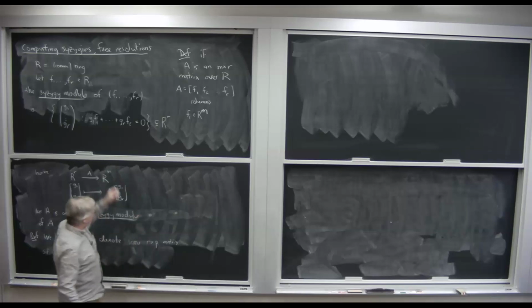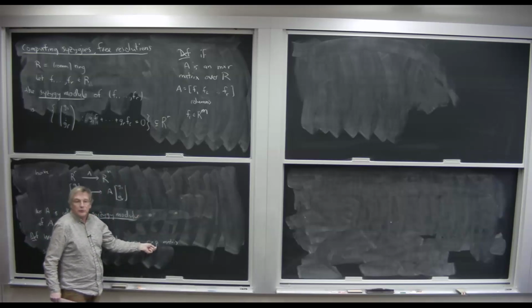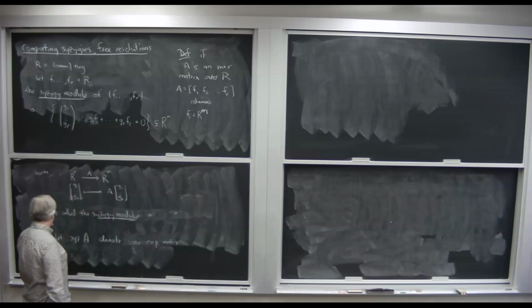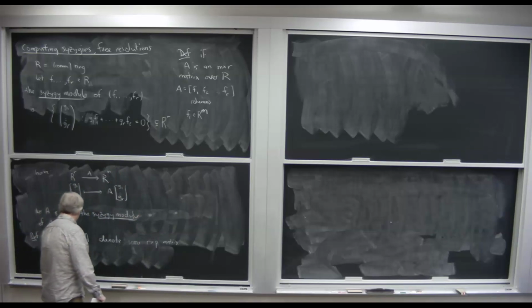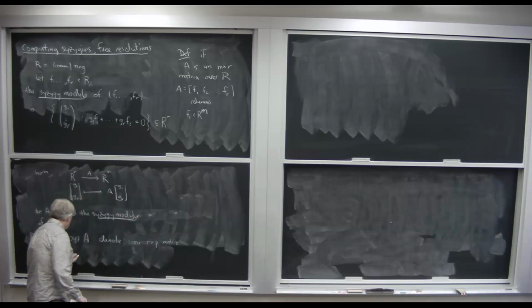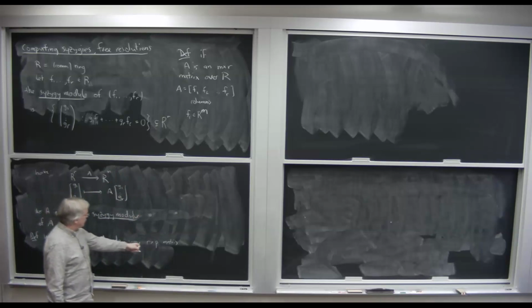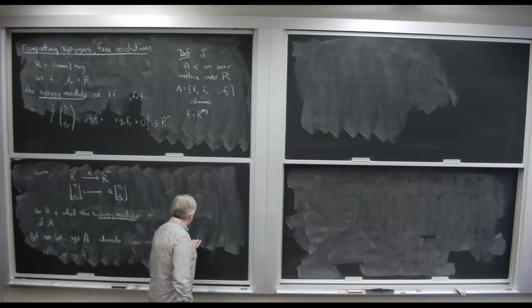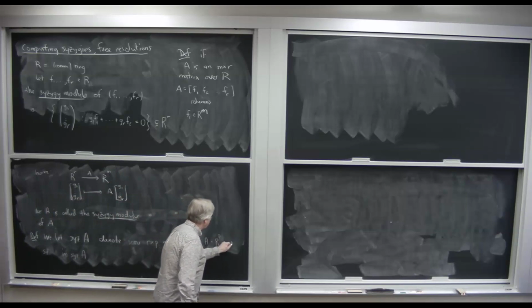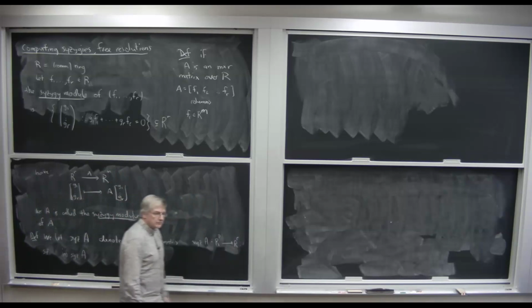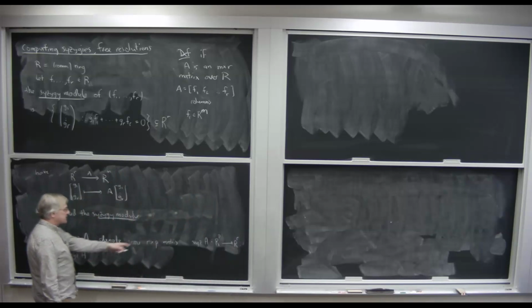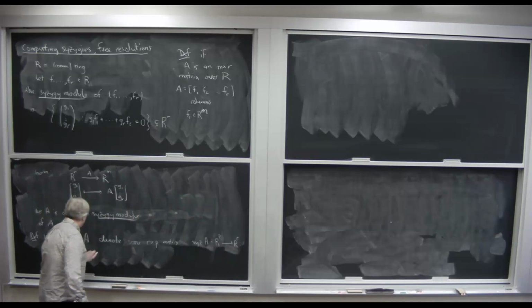So R is the same R, and now the number of columns is some new number. Some R by P matrix such that the image of Sys of A will be sitting inside of, the way I think about it, Sys of A is now a map from R to the P to R to the R. And the image of the syzygy map, I want to equal the kernel of A.